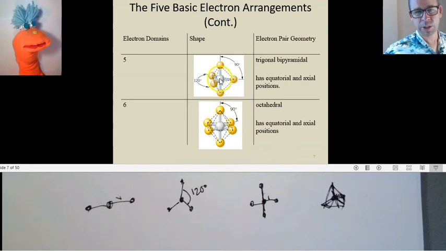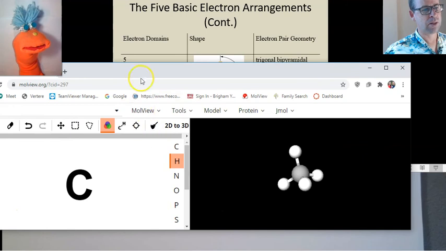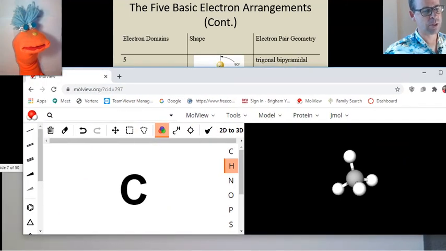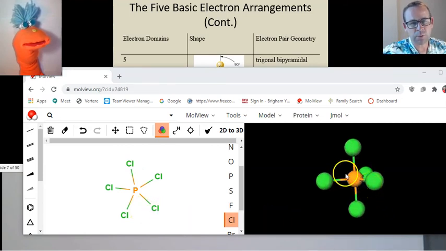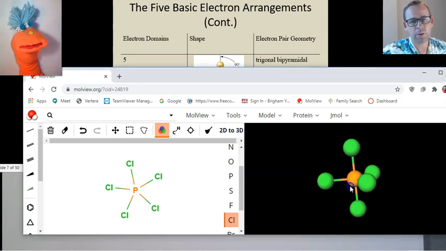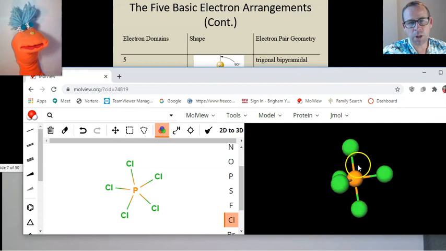If I have 5 regions of electron density, all right, then I have 3 that are kind of in, and I'll make one of these for us. So a good example is phosphorus pentachloride. If we look at this molecule here, phosphorus in the middle, 5 chlorines on the outside, there's 5 bonding regions, we say. The one on top and the one on bottom are 180 degrees from each other.